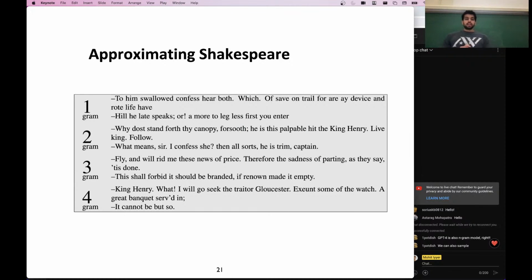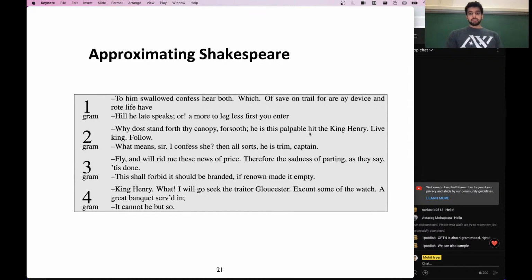All right, so here's a fun example of what happens when you increase the length of the prefix. So we already saw unigram models are really bad. This doesn't make any sense. You have a sentence that just says "which". A bigram model, you start to see a little more grammatical structure that we can recognize at least.